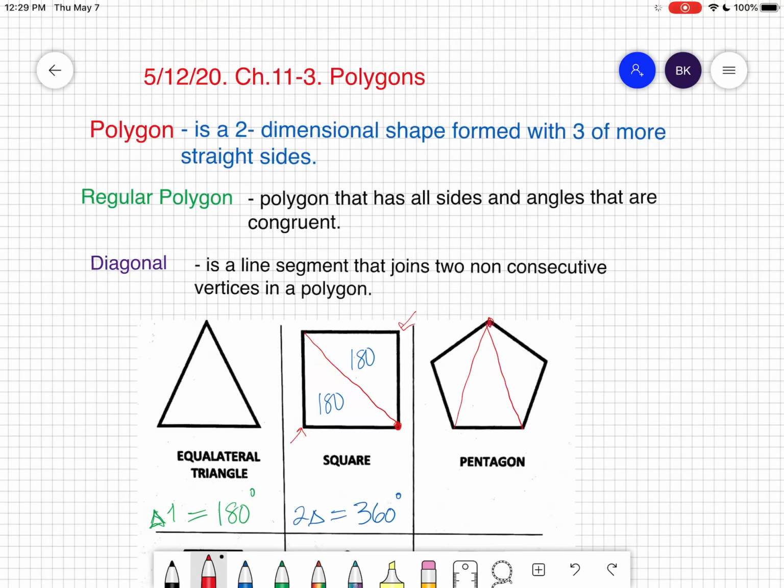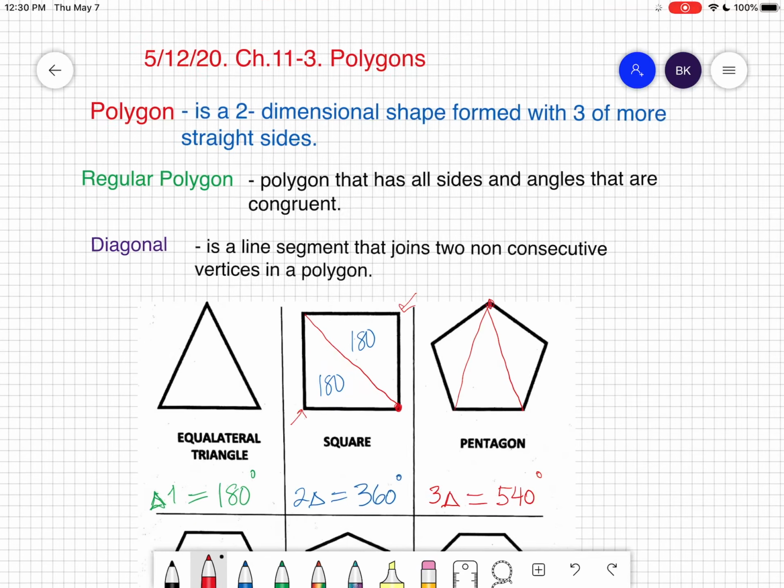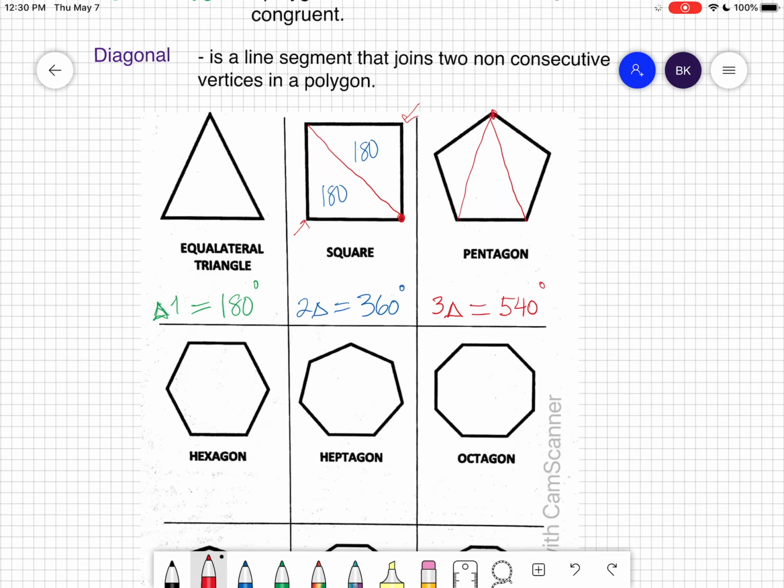That splits this shape into three triangles, 1, 2, and 3. So 3 times 180, that would be 540 degrees.